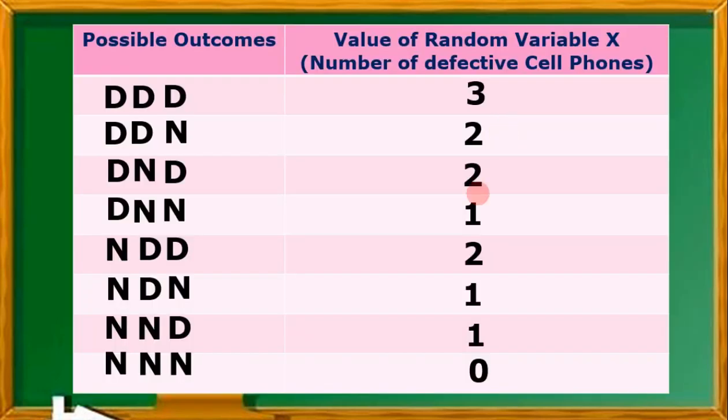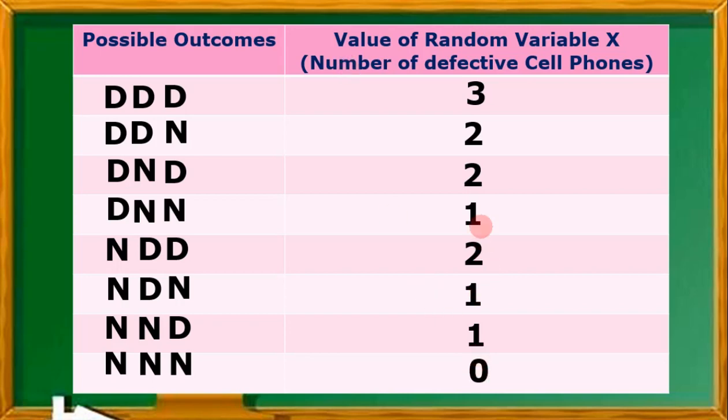Here. How many zeros are there? It's 1 out of how many possible outcomes? There are 8. So 1 out of 8. So the probability of having x equal to 0, or no defective cell phones, is 1/8.